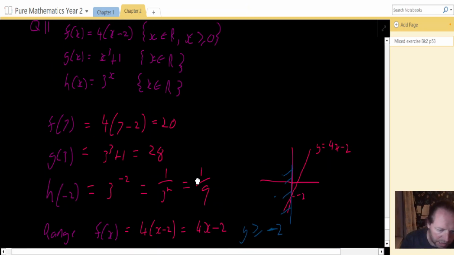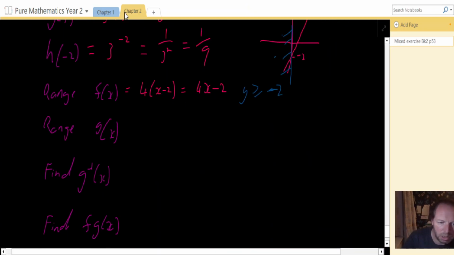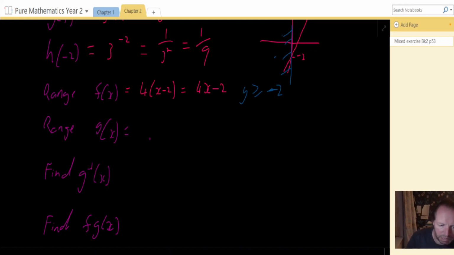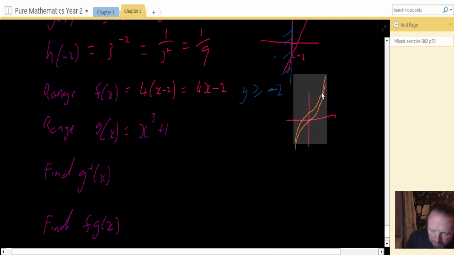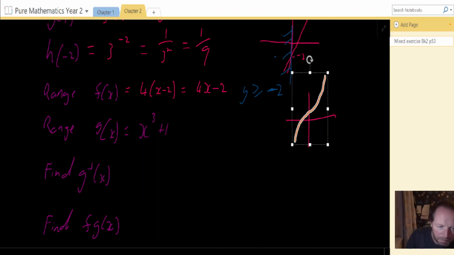The next one is x cubed plus 1. So let's just write that down. x cubed plus 1 is going to be a graph which looks like x cubed, as straightforward as something like that, but it's got a plus 1 on it. So it goes through there, 1. What is its range?